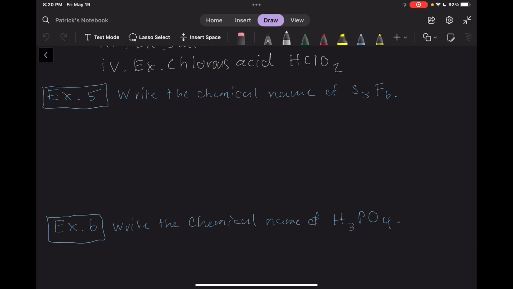Four more examples now, this time for covalent compounds. Example 5 says, write the chemical name of S3F6.